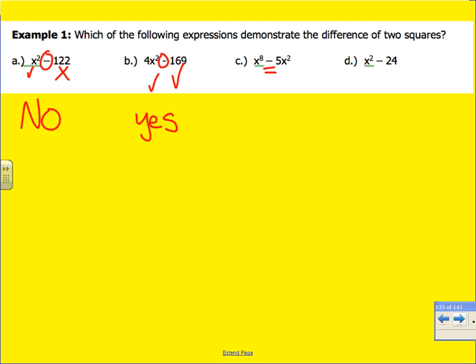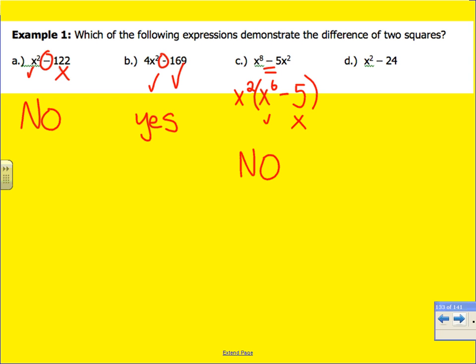Well, we first need to take out a GCF on this one because they have x squared in common. So let's take out an x squared, and we're left with x to the 6th minus 5. So let's look inside our binomial. X to the 6th is a perfect square. 5 is not a perfect square. Cannot take the square root of 5 and get a nice number. In other words, there is not a number you can take and multiply by itself to get 5. So that one is not a difference of perfect square problem.